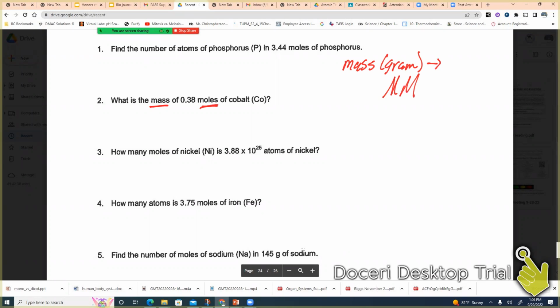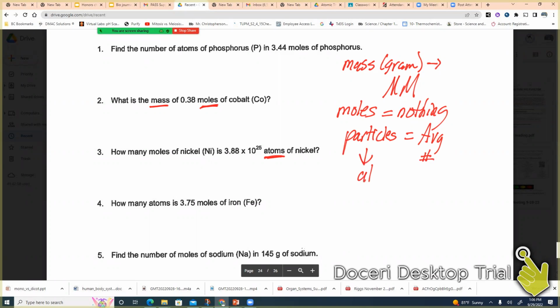If I have moles, moles tells you nothing, because every problem is going to have moles somewhere along the way. And if I have atoms, which is one of the types of particles, that tells you that's when you're using Avogadro's number. Remember, those particles could be atoms or molecules or formula units.